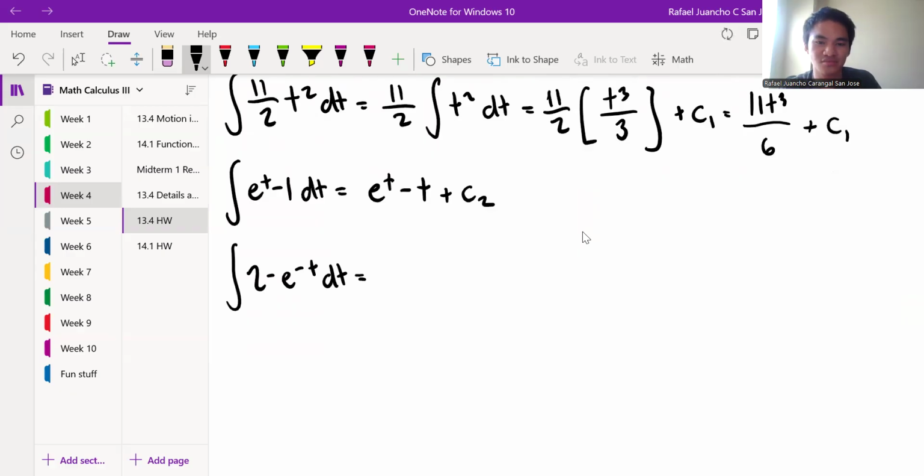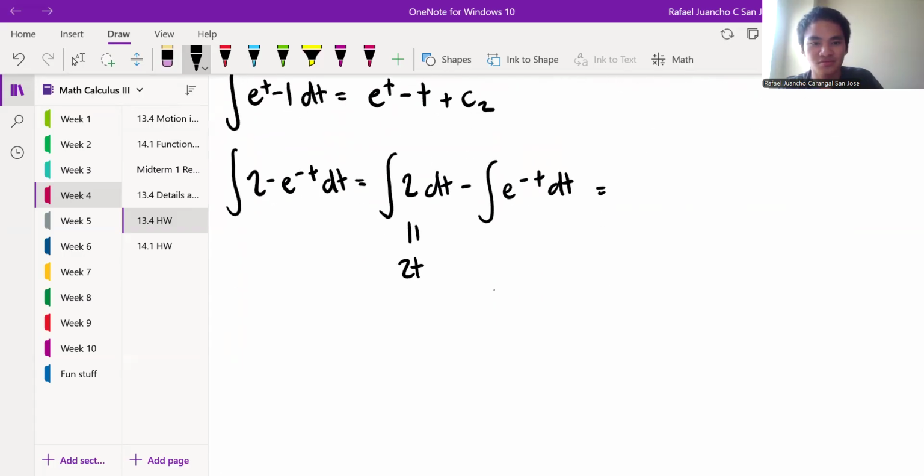Well, here I integrate. So this is 2t. How do I integrate this value? Okay, let's make it easier. So I say 2 dt, I subtract e to the negative t dt. So what is this? This is 2t. So that's easy. What is this? Minus this one.